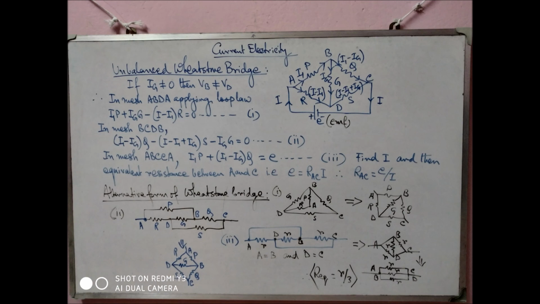I have taken as R, anything I can take. Now if A and B are directly connected, it means short circuit, the short circuit means directly connected without any resistance. Actually it is not possible, because even a simple wire of any length has a resistance, because nothing is superconductor.